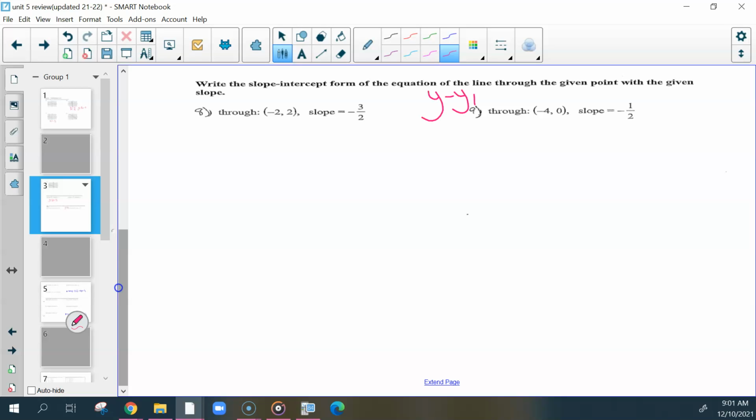Y minus y1 equals m times x minus x1. For number 9, if you need to label them so you know which one is which, x1, y1, and m.